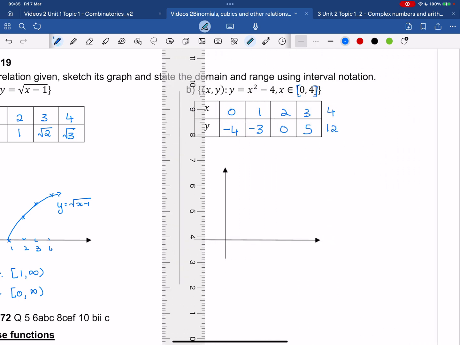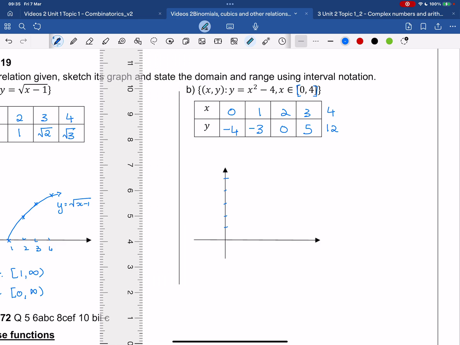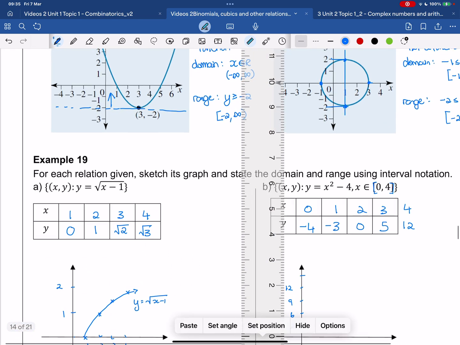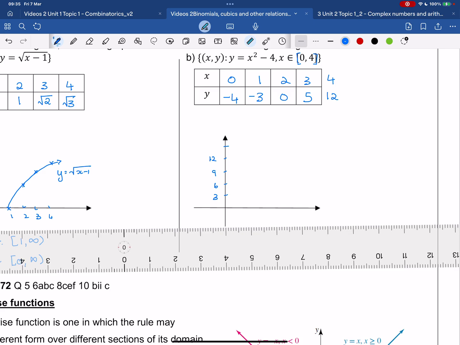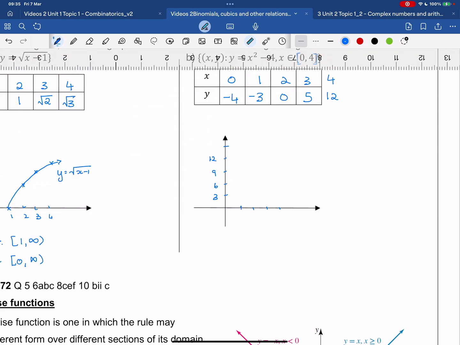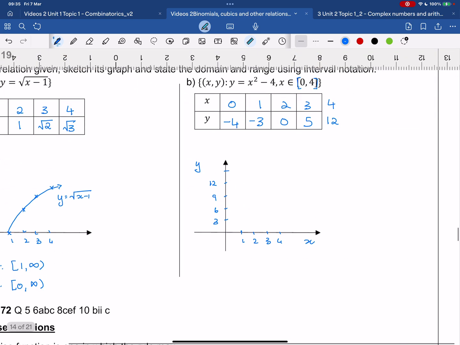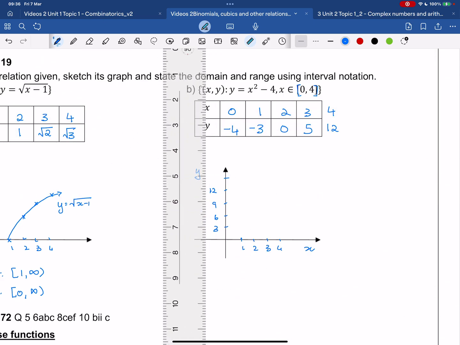Okay, so I can plot this. I have to go all the way up to 12, so 2, 4, 6, 8. Okay, we're going up in 3s, so 3, 6, 9, 12, and I'm going from 0 to 4 for my x. And, oh, I need to go down negative with my y values.